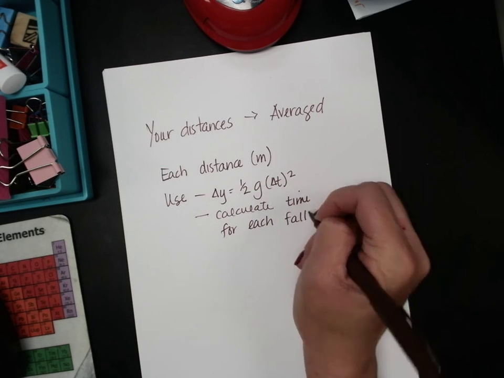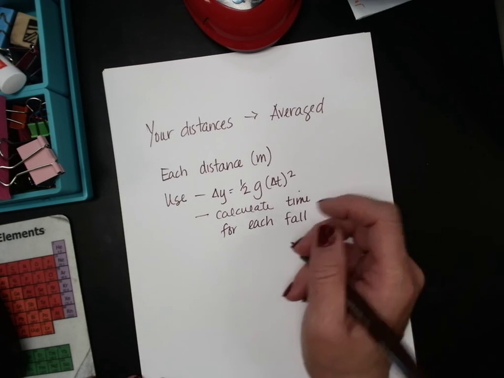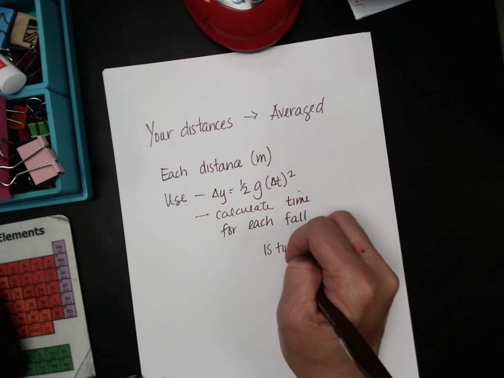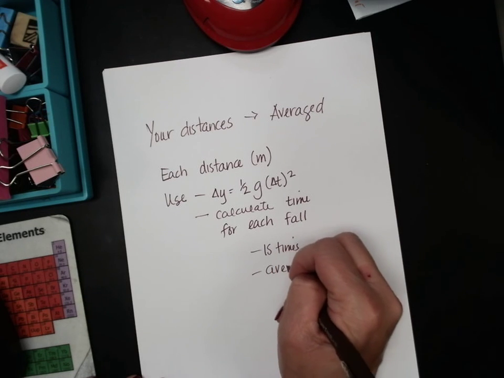So yes, I believe most of you had the 15 falls. So I want you to calculate for those. So you'll end up with 15 times. And I want you to average those.